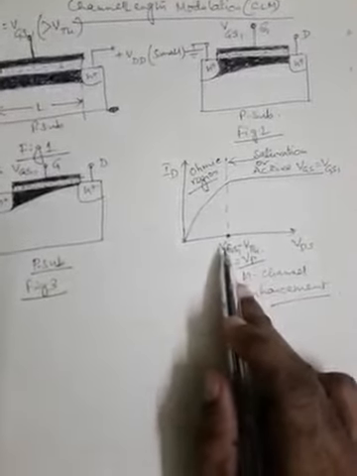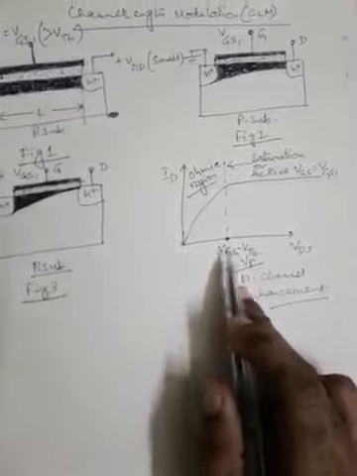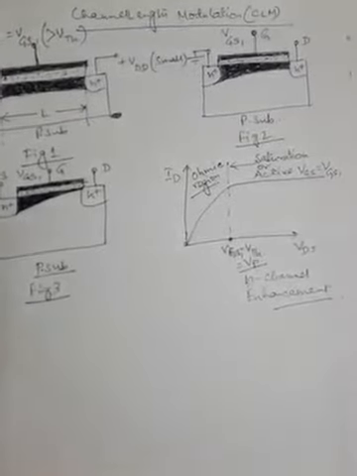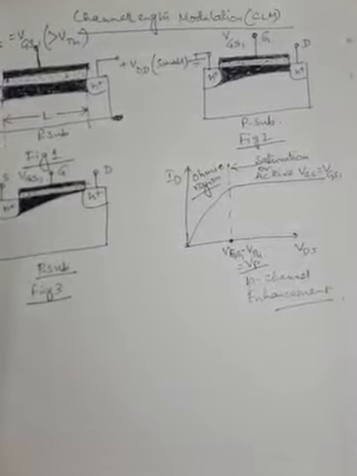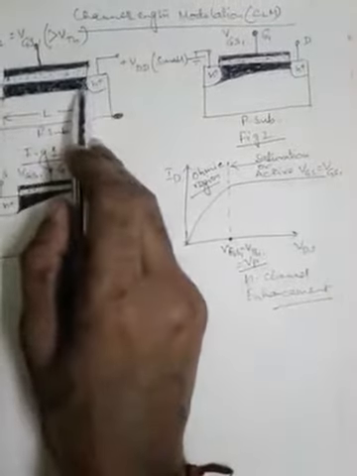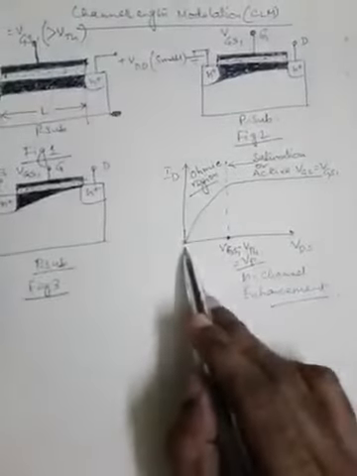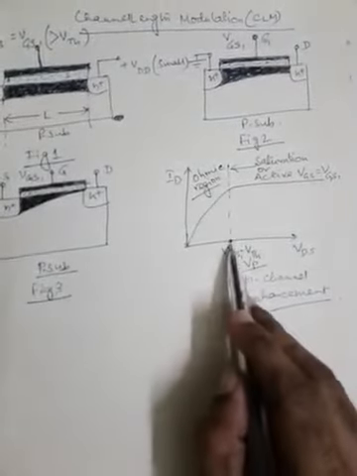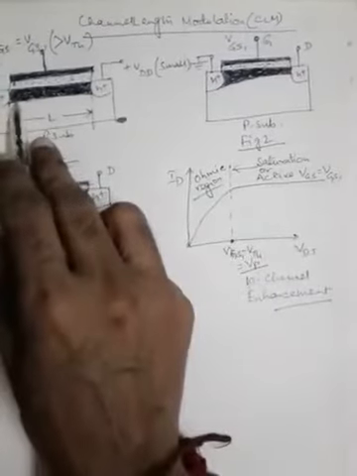You know that when current flows through a resistor, a potential drop appears across it. So this channel behaves like a resistor when VDS lies between 0 and VP.